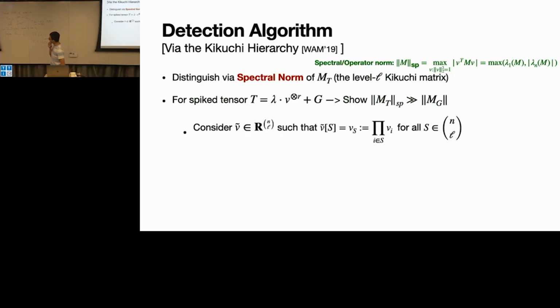This is a fairly standard spectral algorithm. In the one case, if you have the Boolean component, this matrix has a large eigenvalue. How to see that?